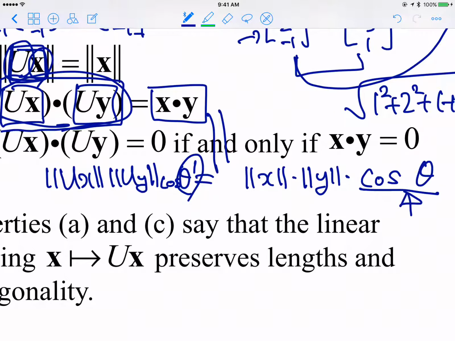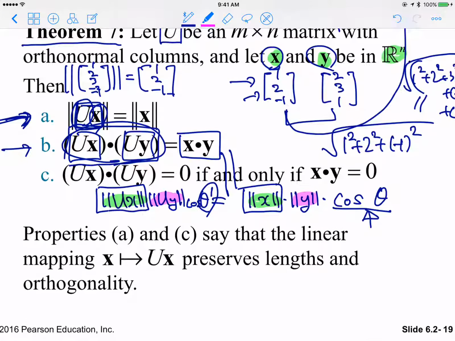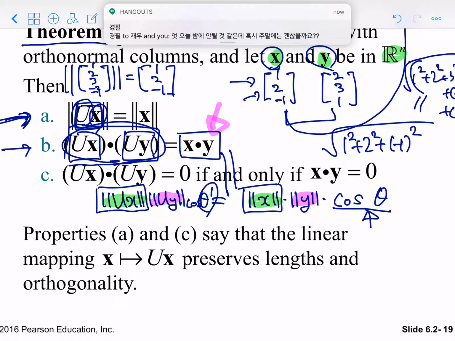In the first item, we understand that these lengths should be the same; the lengths didn't change. If the inner products and lengths are equal, then the angle is also preserved. So length and angle are both preserved when using an orthonormal matrix.